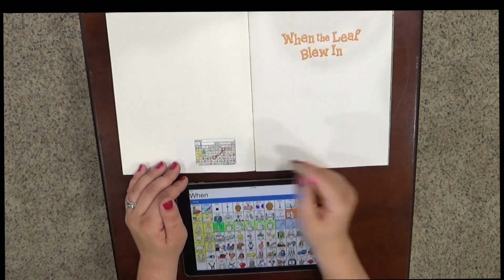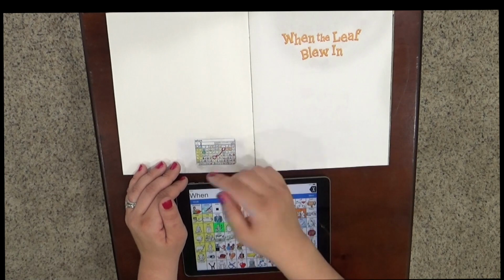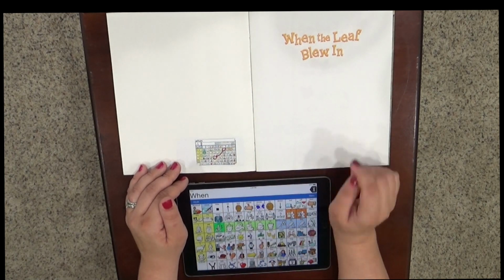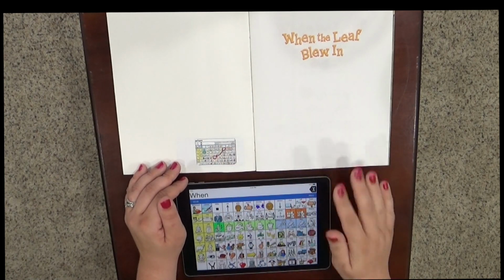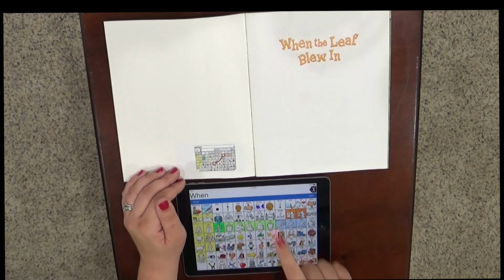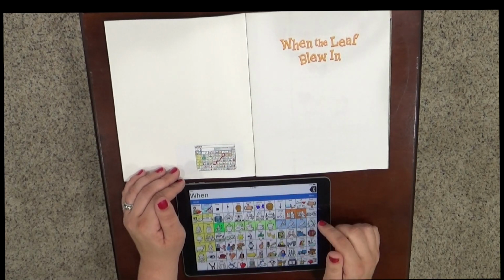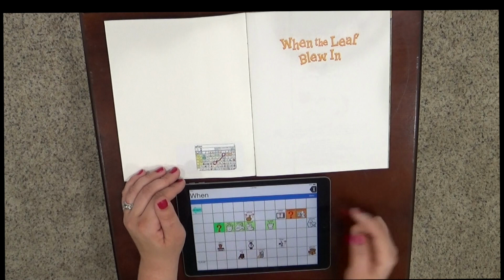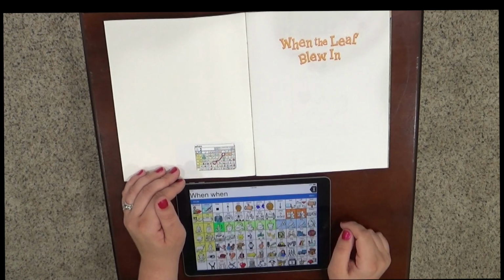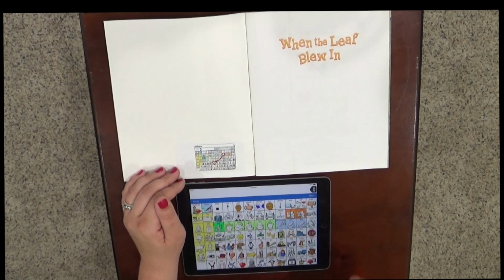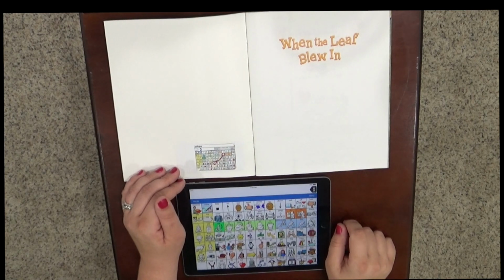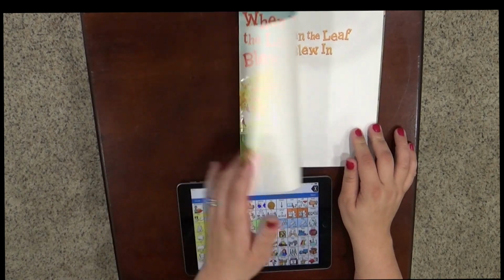You can just simply put it on these labels and then print out a bunch and put them where you need them. So with the when, kind of going with the LAMP method, showing the motor access, it can remind them that they're first going to go to the question word, and then they're going to go down to the clock to remind them of the sequence that they need in order to model the word.